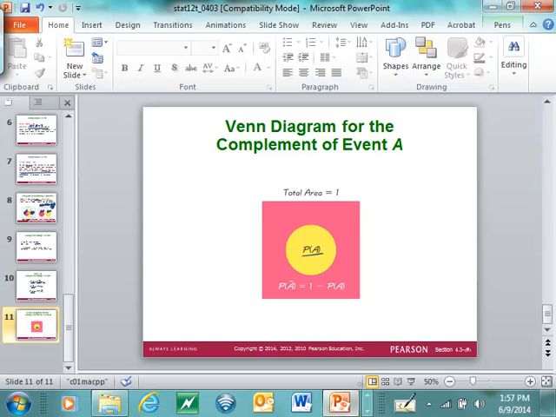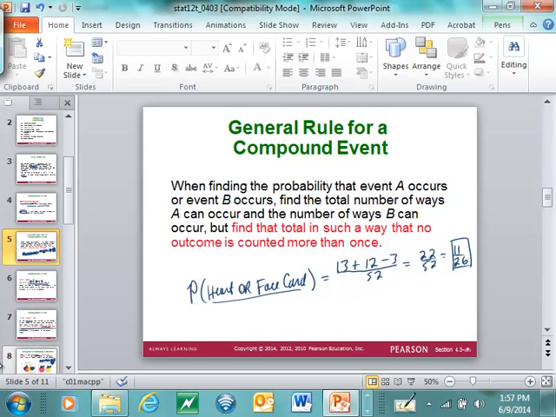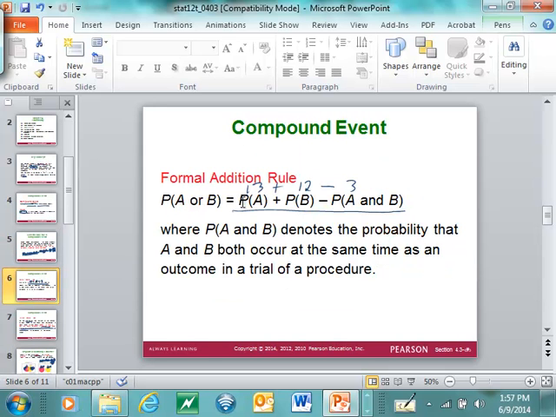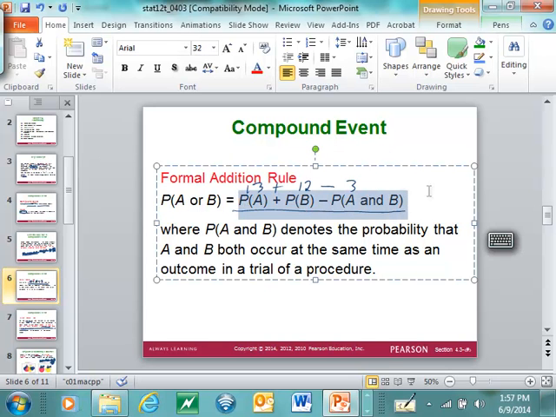All you need to do, let me just remind you, is to calculate the probability of the one event plus the probability of the other event minus the probability of the intersection, and then divide by the 52, or however many ways that you could possibly have an outcome. And you would end up with this: probability of the one plus probability of the other minus probability of the intersection.